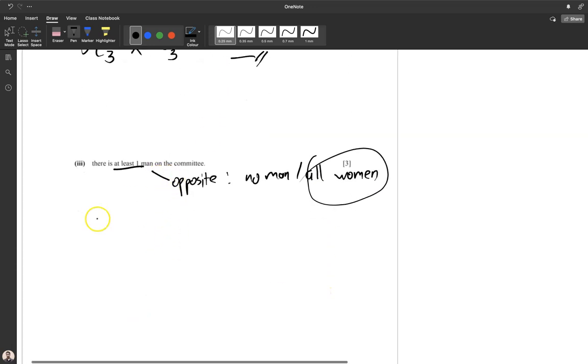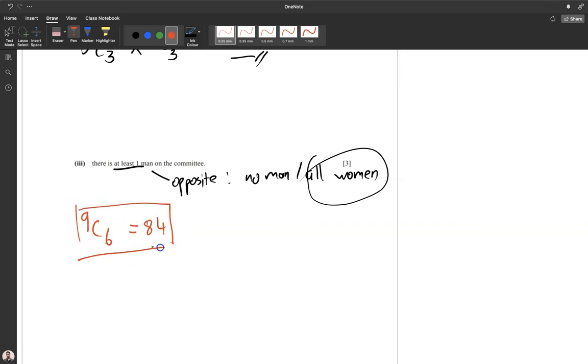So for that to be true, we take 9, because we had 9 women, we choose 6. So all of them are women. This will give me 84 different ways. So I can take the total number of different ways, minus all women.